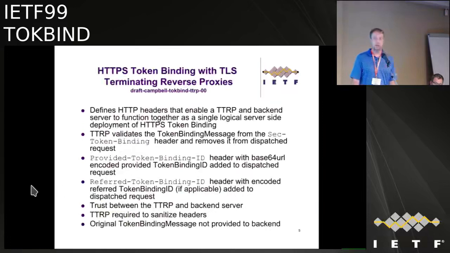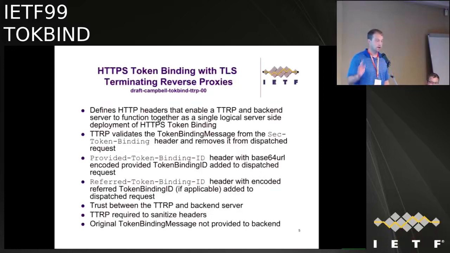A little bit more detail about how that works. It defines HTTP headers that enable a TTRP and a backend server to function together as a single logical server-side deployment of HTTPS token binding. What happens is this TTRP validates the token binding message from the sec token binding header that we all know and love, and removes it from the dispatch request to the backend application.